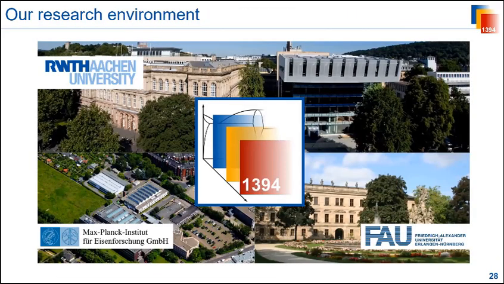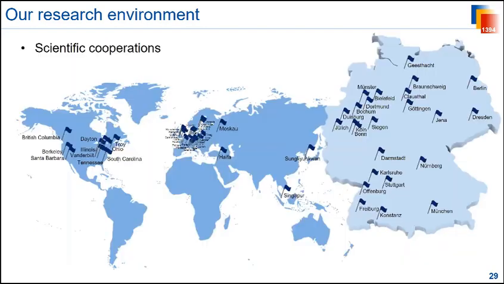Now, our daily research environment is at RWTH Aachen University as the spokes university, and we have two contributing institutions. That's the Max Planck Institute for Eisenforschung in Düsseldorf and the Friedrich-Alexander University Erlangen-Nuremberg, of course.